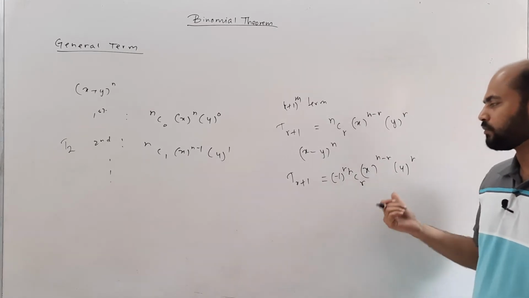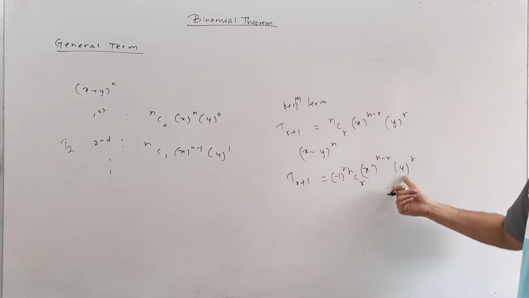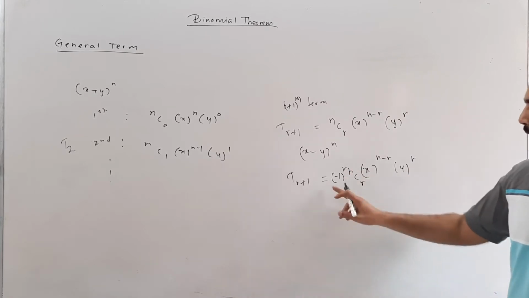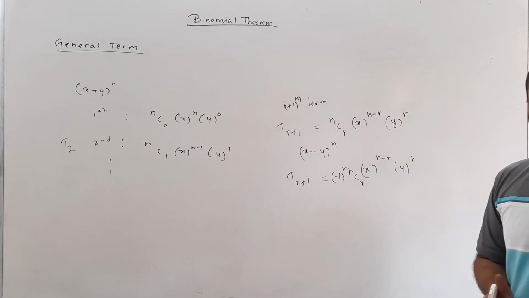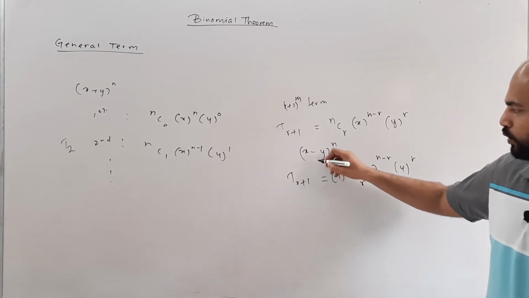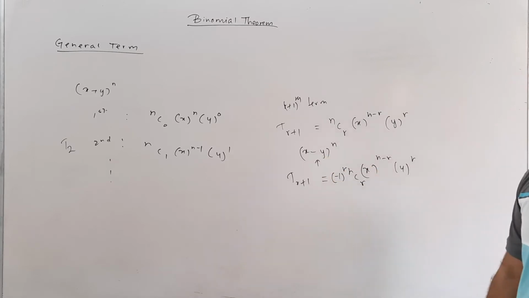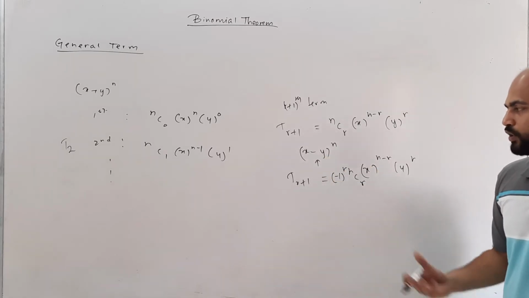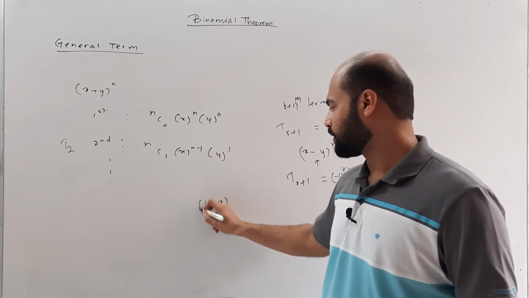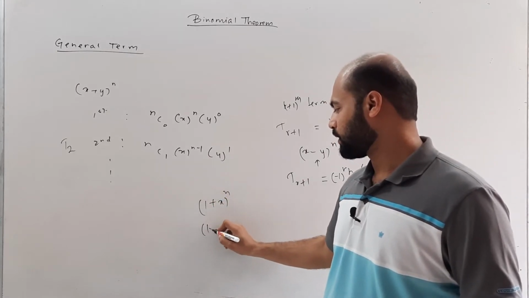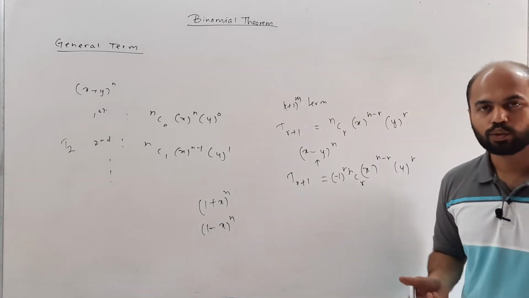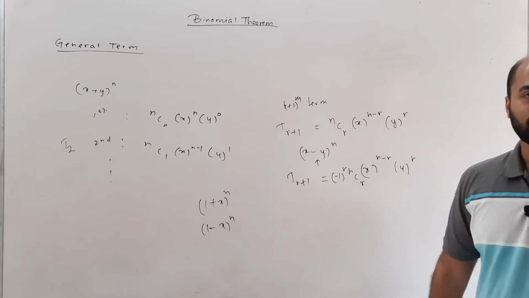If it's the second term that you're talking about, then of course y is raised to 1 and this will be 1, so (-1)^1 will be a minus sign. There is going to be a minus sign over here. So this is to be followed in the case of (x - y)^n. Now in general, if I ask you about the expansions (1 + x)^n and (1 - x)^n, I am sure you can derive the necessary conclusions for these two expansions.